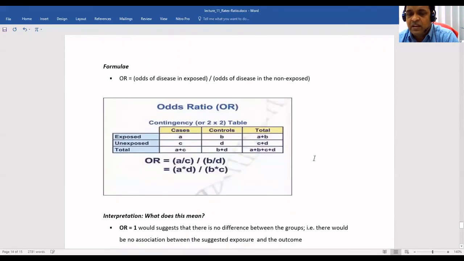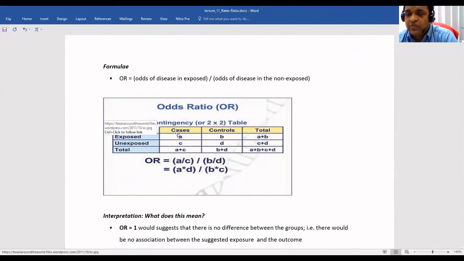There is a table. You can use the odds ratio: odds of disease in the exposed group, the group at risk, divided by odds of disease in the non-exposed or unexposed group. That is, those who are not at risk.